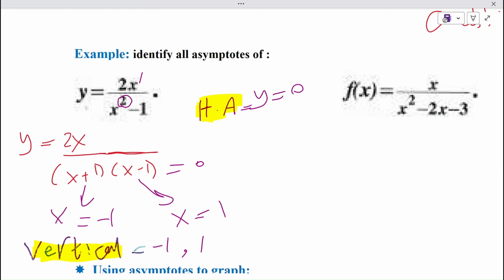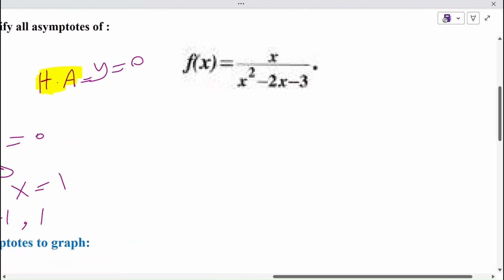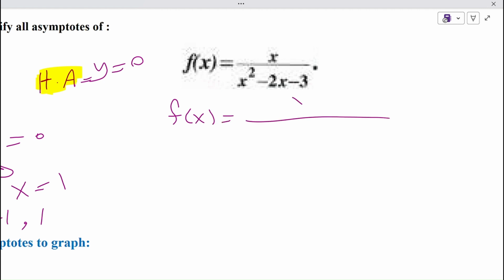Again, you have to simplify this rational function. Okay, this f(x) is equal to x over x squared minus 2x minus 3. You have to open two brackets. This is x squared, it means 1x here, and the second x here.